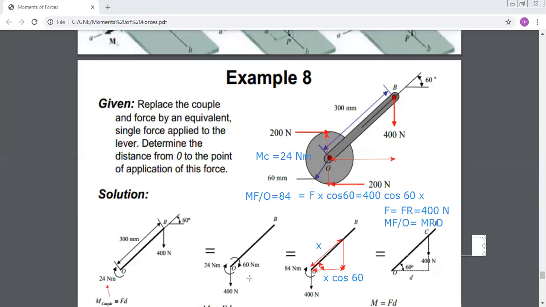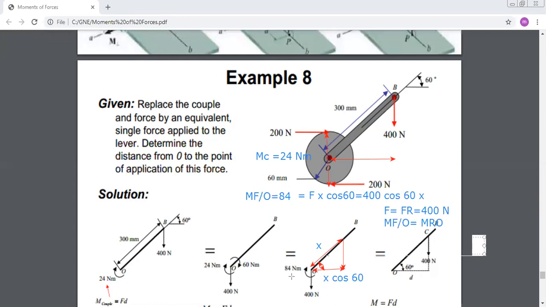What do you get? Yes, I know. So you know that the couple about O is 84. If you want to replace your system by only one force, this force should produce the same moment about O. Because if it does not produce the same moment about O, you don't have equivalent systems. The condition of equivalent systems is to have the same resultant force and the same moment about any point in space.